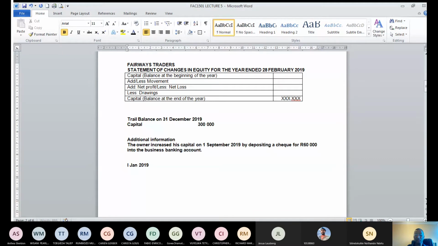And my financial year has ended on the 31st of December 2019. So that is my financial year.